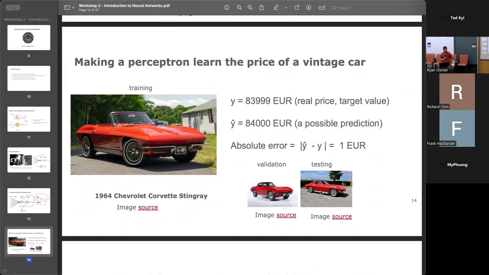So the way that these are trained is you have some target value. Let's say this car is 84K euros or very close to it. And the model says, okay, here's my prediction. And then what we do is we measure how far that was from the truth. So this was only €1 off from the correct answer. We could say that's a very good prediction, but we want to make it even better.